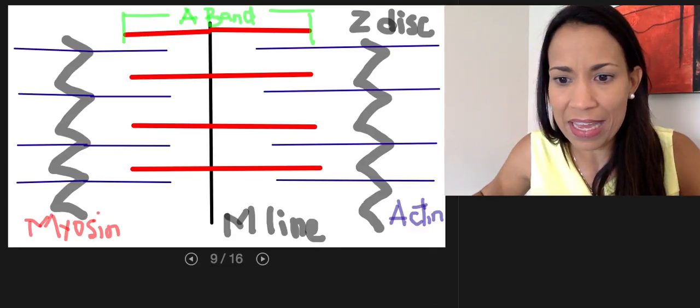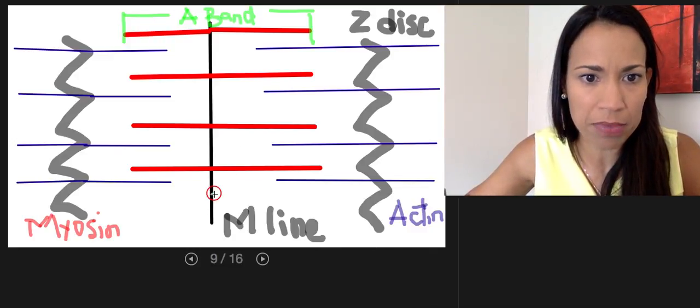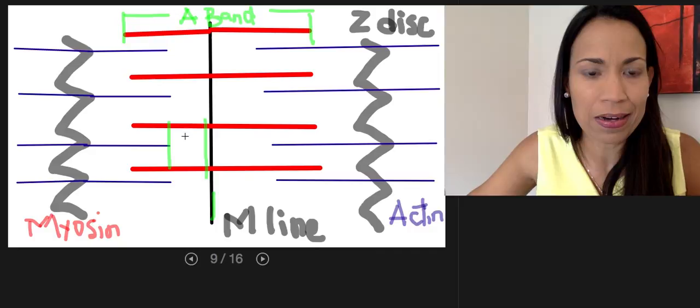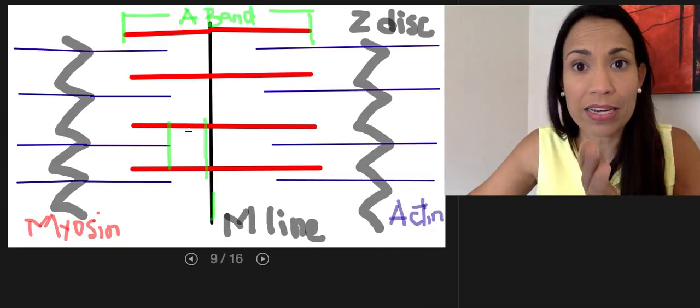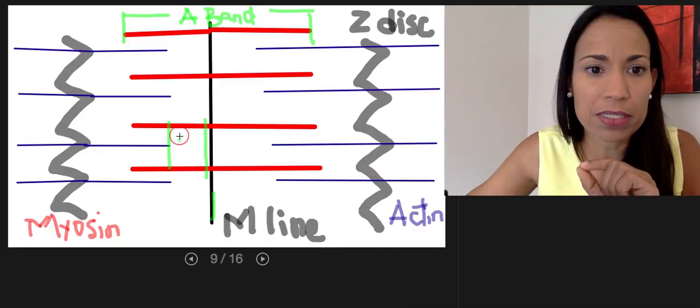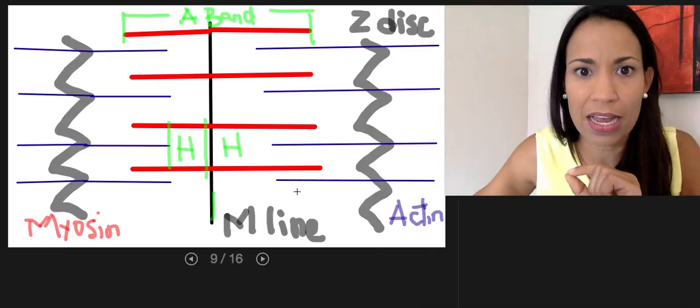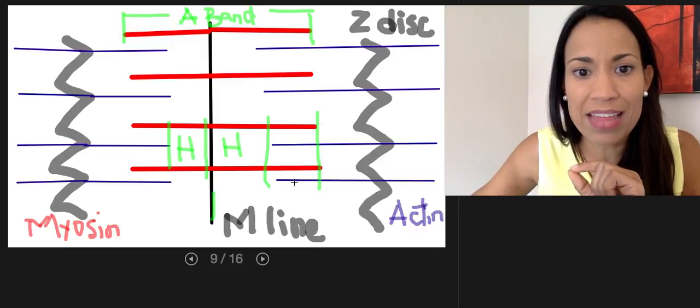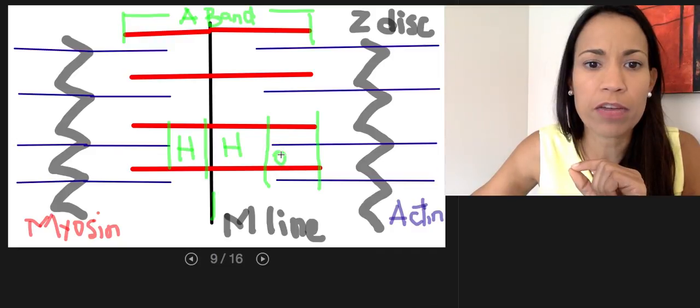And see that in the A band we have, well, the M line, but we have also this area on either side of the M line containing only the thick filaments, the myosin filaments. That is called the H line. This and this, H line. And this area containing both thick and thin filaments is called the zone of overlapping.